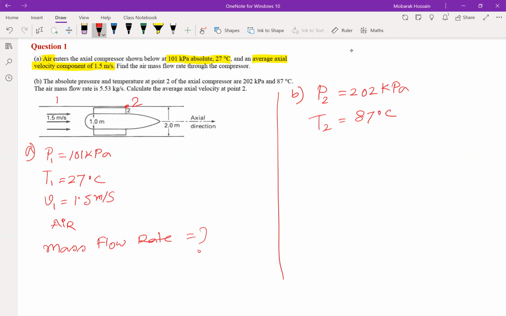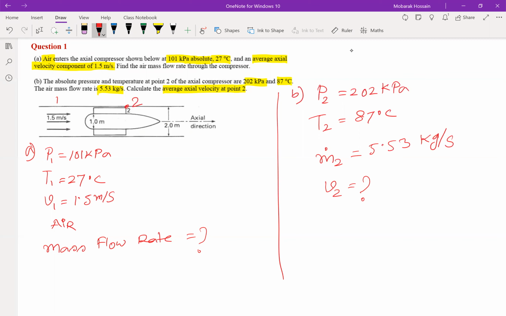And the air mass flow rate at 2 is given as 5.53 kg per second. Now we need to find the average axial velocity at point 2.